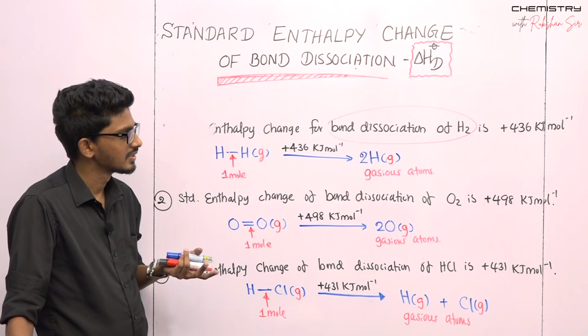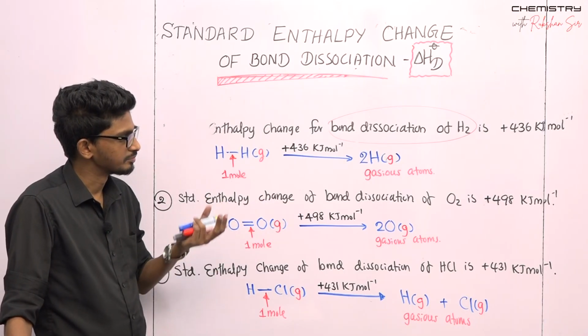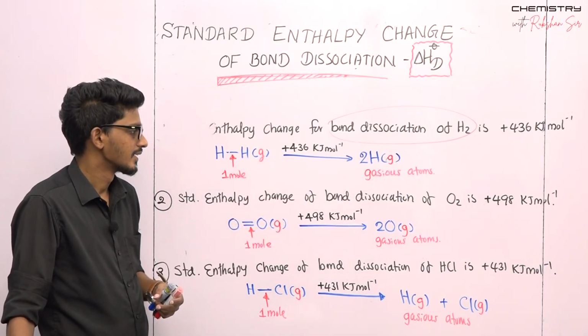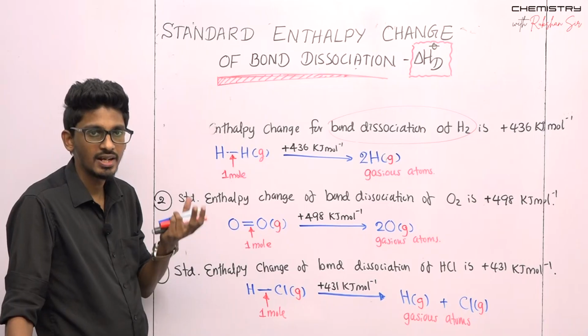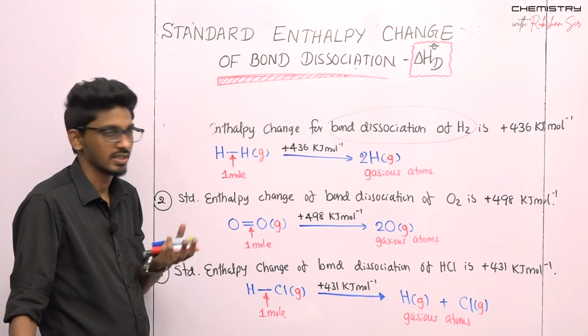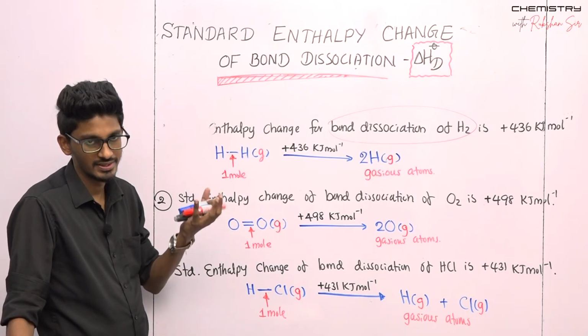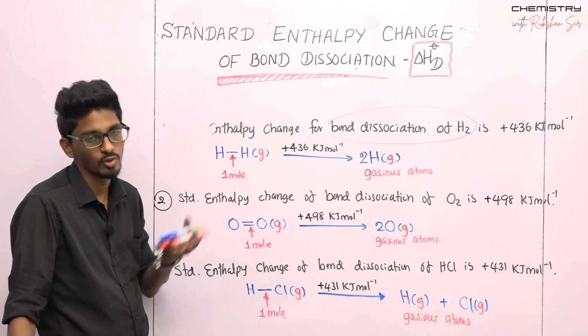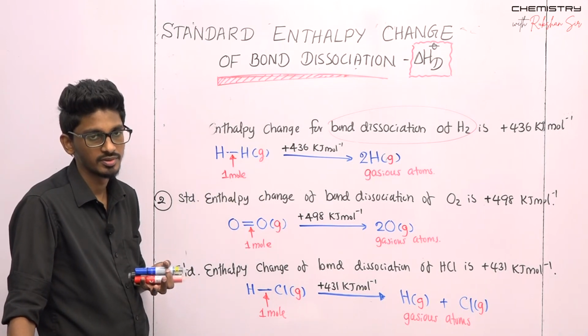To come up with individual atoms, we have to break more than 1 bond. Like in CH4, to come up with the carbon gas atom and 4 hydrogen gas atoms, we need to break 4 CH bonds.